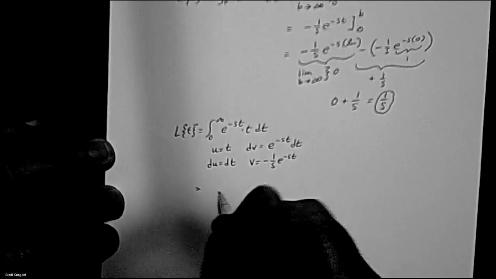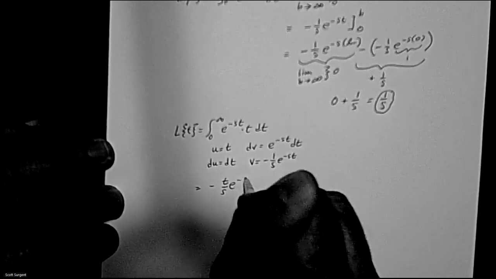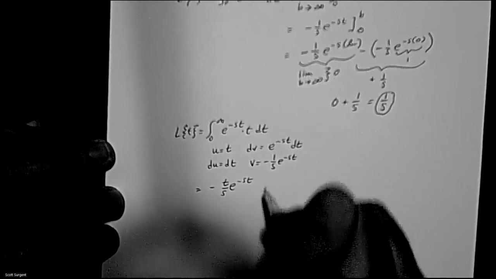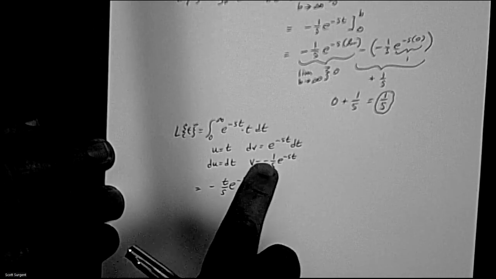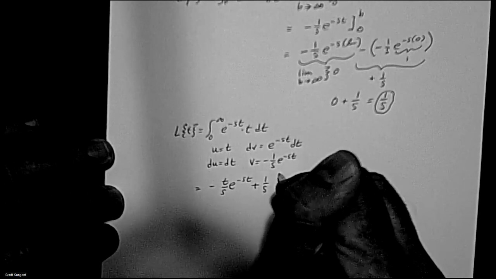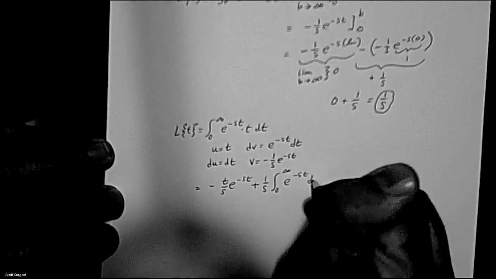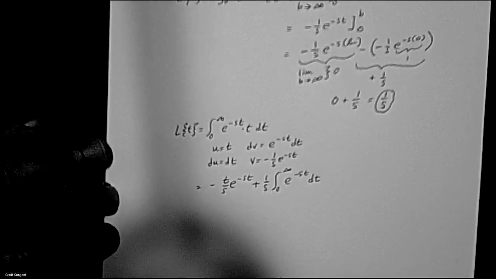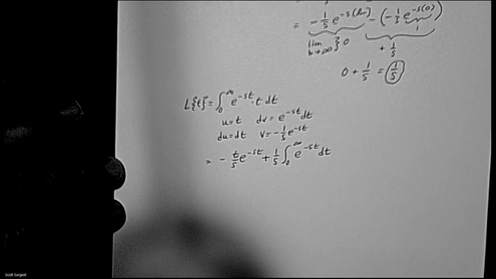It's u times v, so negative t over s e to the negative st, minus the integral of v du. With the minus here, it's going to make a plus. The 1 over s can come out in front. I'll pause here. Does that make sense, what I did?